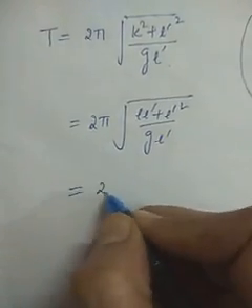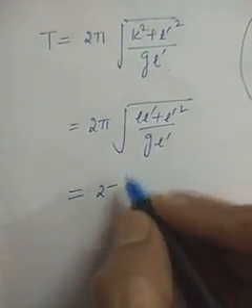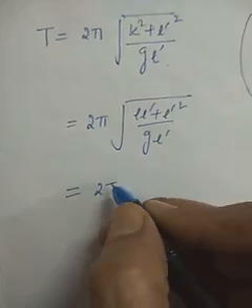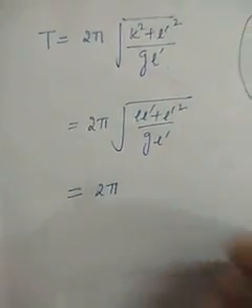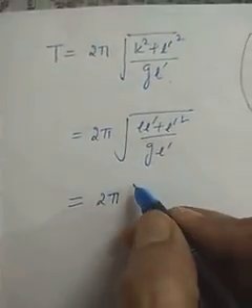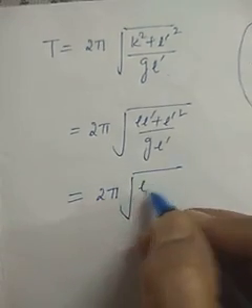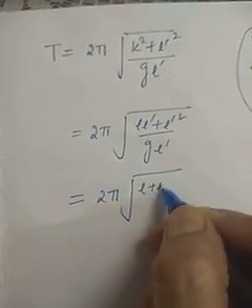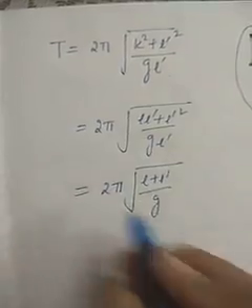So we will have the expression for time period as 2 pi square root of L plus L prime divided by g.